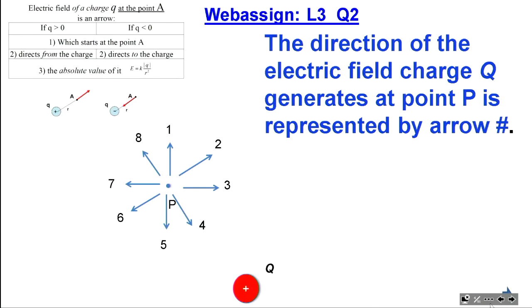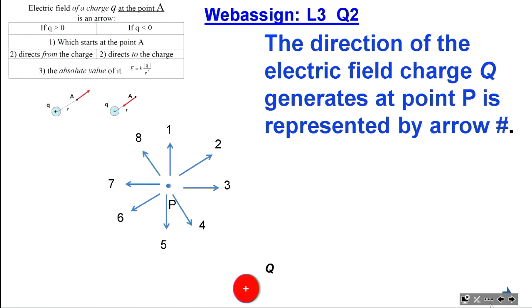Now you have to choose, what do you want to use? Do you want to use an expression for the magnitude of the electric field, or do you want to use something else? And for now, we only have two options, two equations. Number one is on the screen. Number two is a definition of the electric field, a definition which we used to introduce that physical quantity.